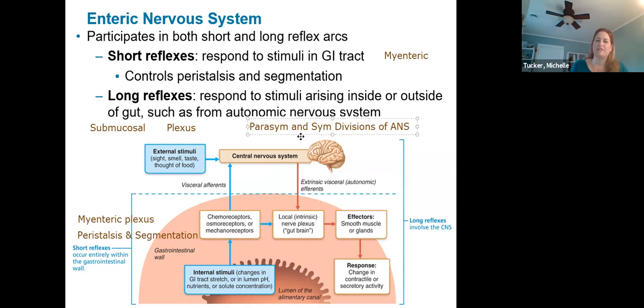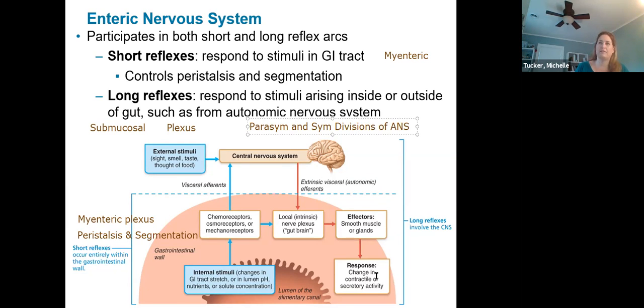The parasympathetic division of the autonomic nervous system is going to send signals to this submucosal plexus to promote digestion. So it is going to target smooth muscles and glands and increase contractile or secretory activity.